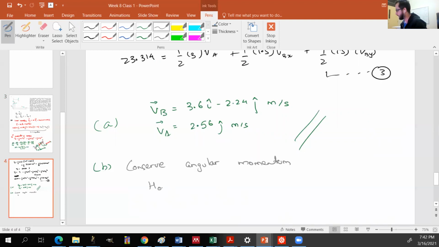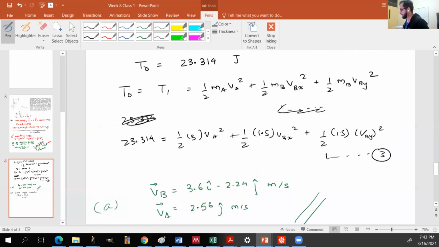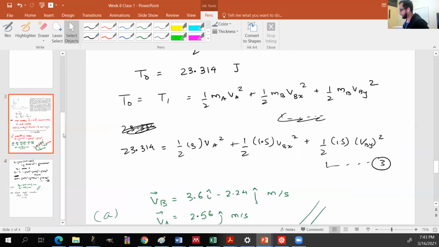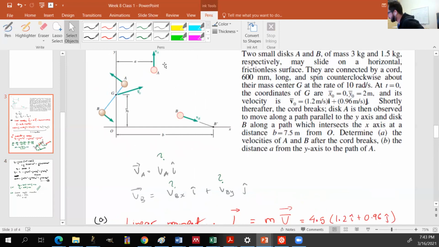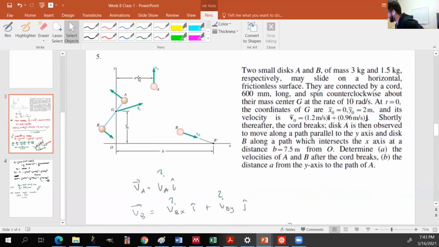We're going to say that the angular momentum about the origin O initially is going to equal the angular momentum after everything's broken up. And the right-hand side is easy to do, because the angular momentum for A is just going to equal your unknown quantity A. And that distance, writing it as a vector, is just A I hat, and B, you're already told, is B J hat.